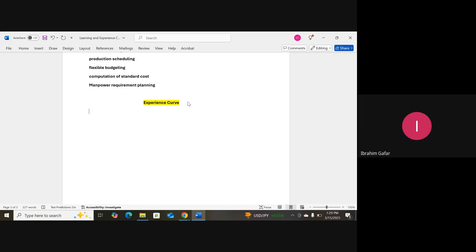So if you look at that question, this is an examinable question. When you see this question as a compulsory question, it requires 30 marks. So what we just did is for us to get the basic knowledge of what learning and experience curve is all about. Have you opened the question?